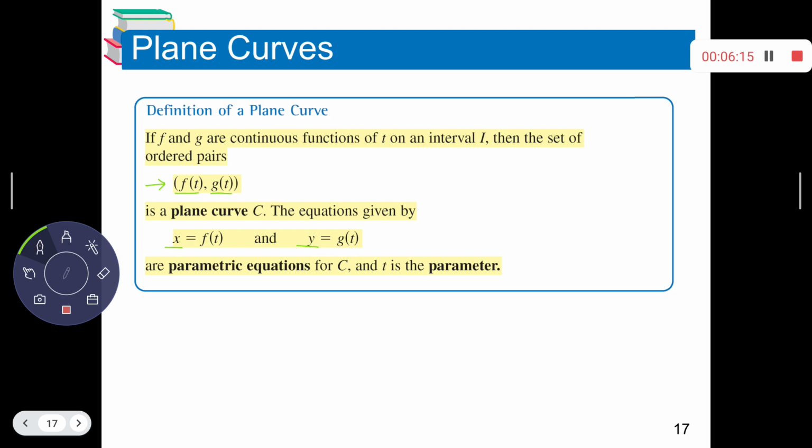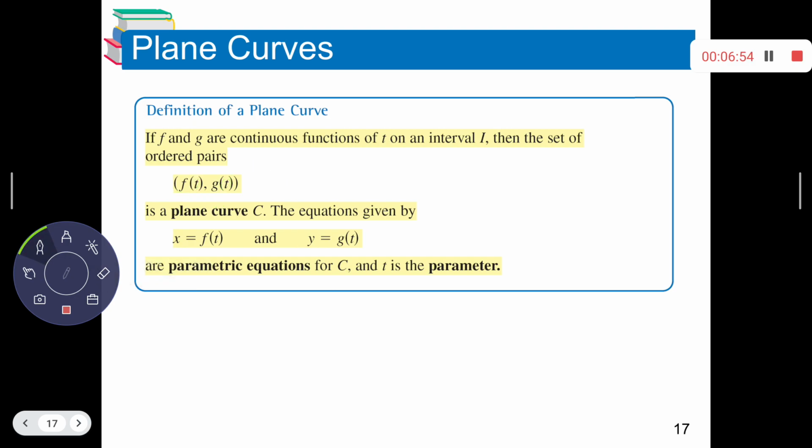This gives you your y position. They are each their own functions, and t is the input for both of them. So you'd put t into g of t to find the y position, and you would put your time into f of t to find your x position. So this is how a parametric equation is defined. You'll always know it's parametric because you'll have these two functions and the input will be t.